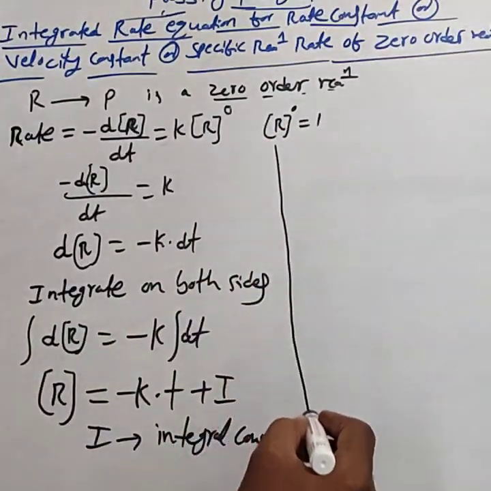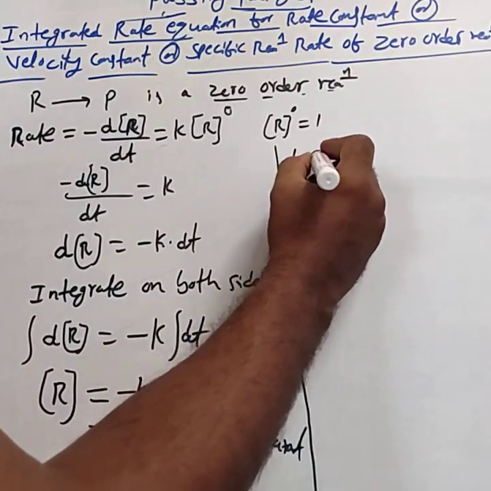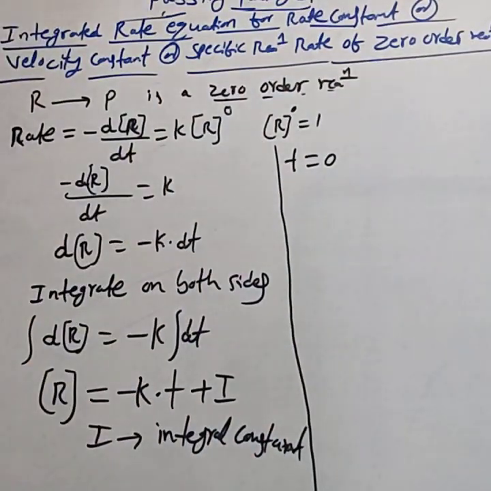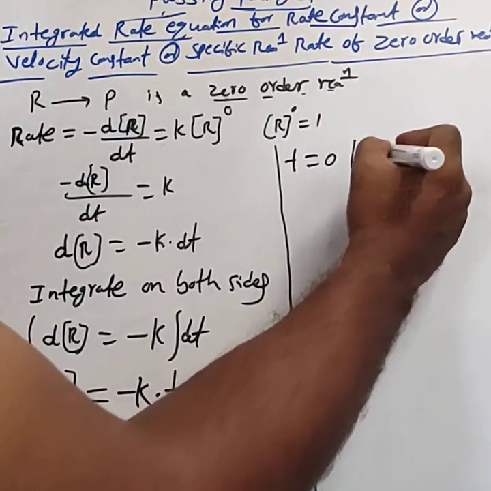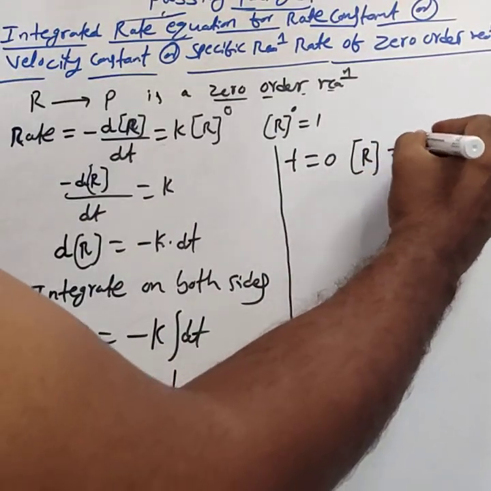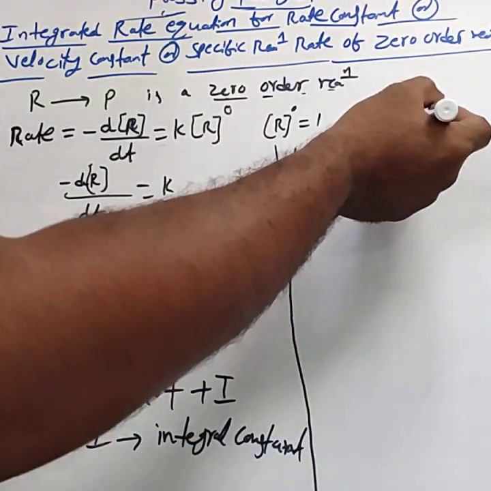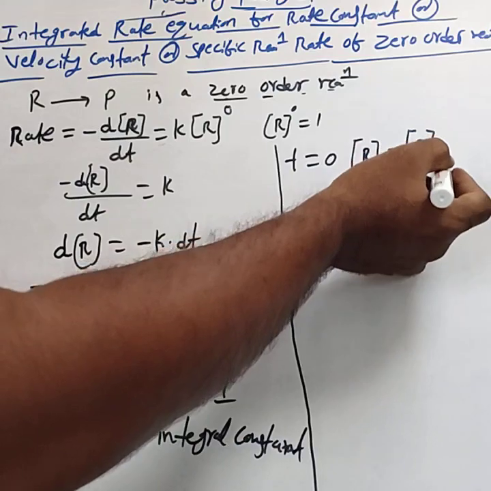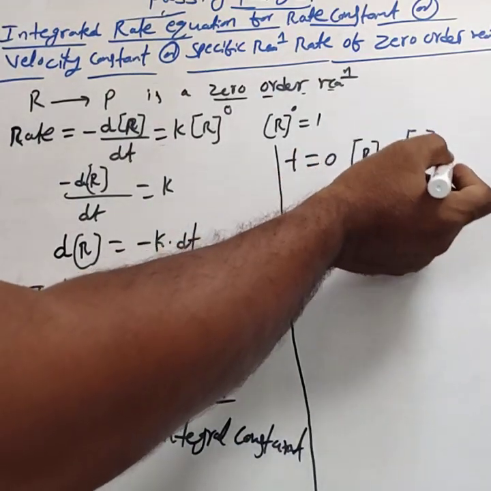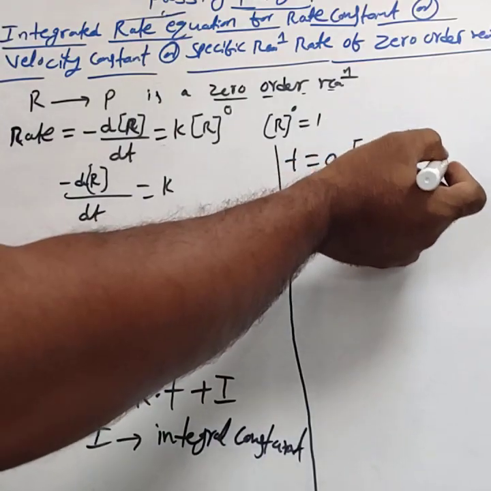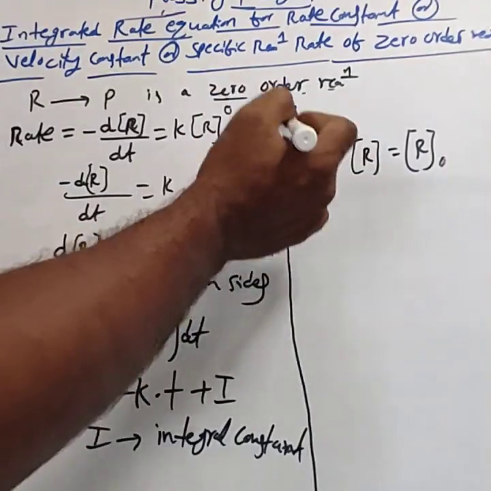Next, when t equals 0, at time 0, the concentration of the reactant R equals the initial concentration, R naught, not power. R naught is the initial concentration and R is the concentration at time t seconds.